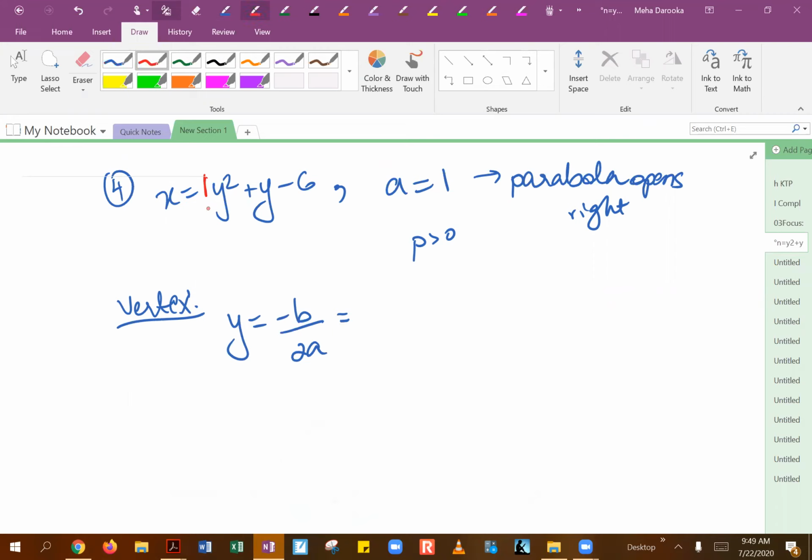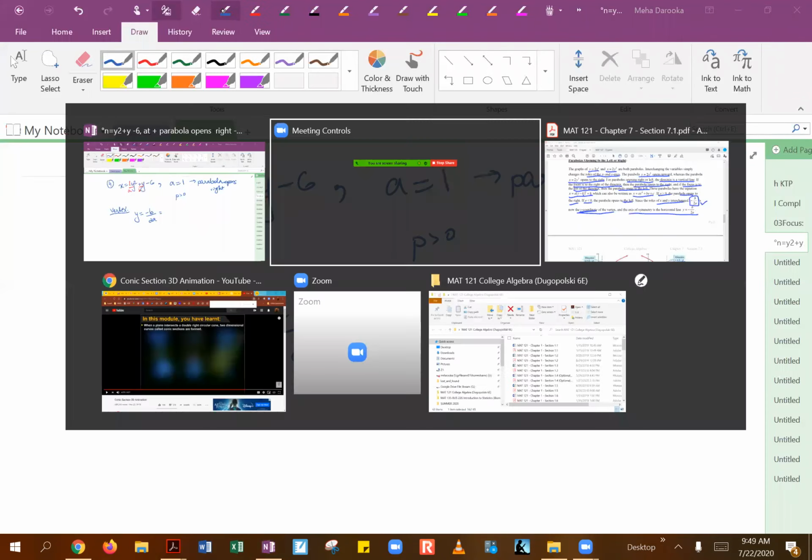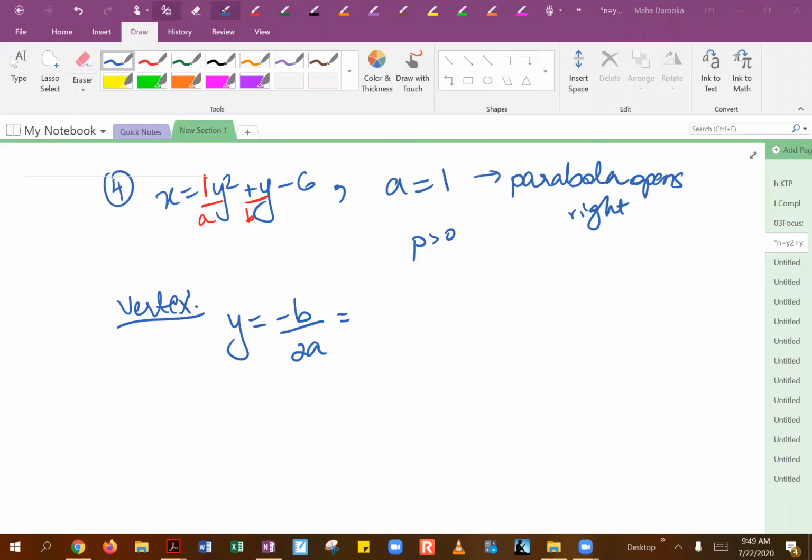And again, remember, this will be our a value, and the coefficient here would be our b value. So what do you get as the y value for the vertex, or you can give me the entire vertex, whatever you have calculated.